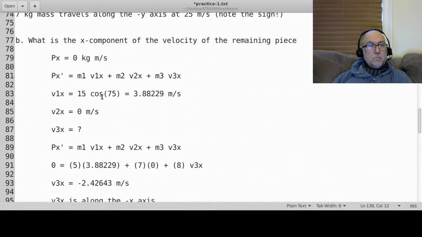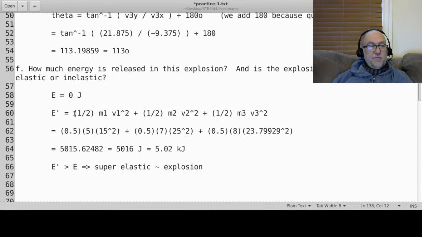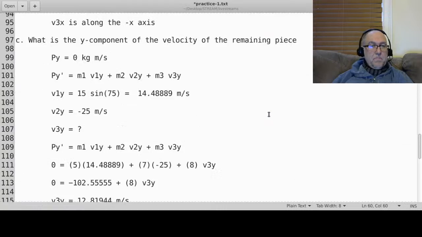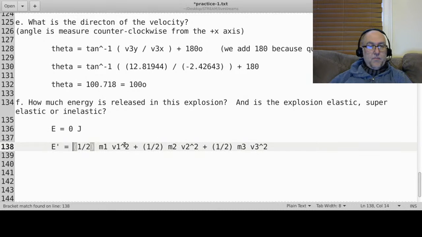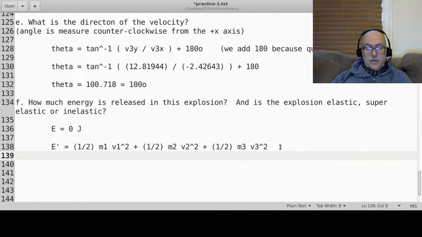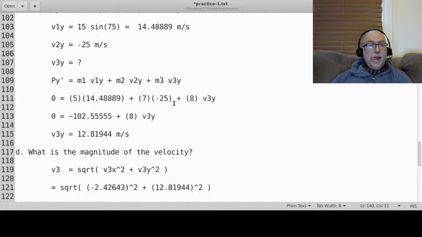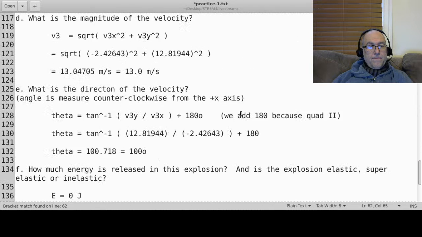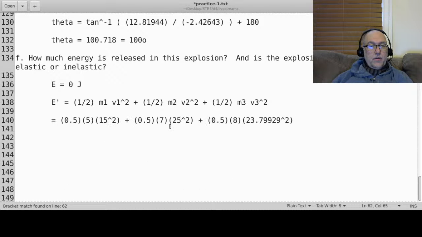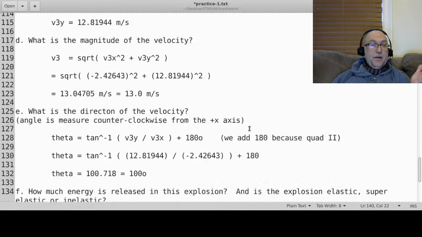Same structure to the formula, but the numbers are different. Not all the numbers. This is still traveling at 15. The angle doesn't matter.